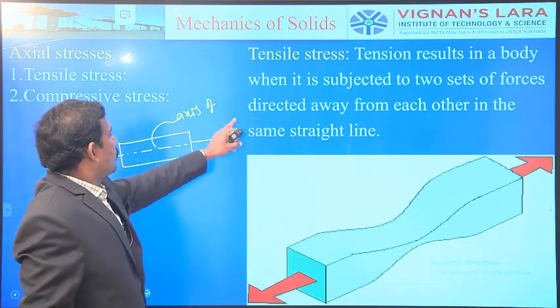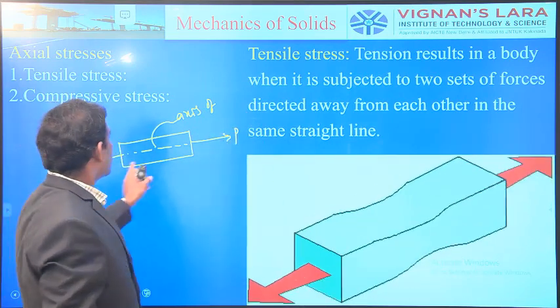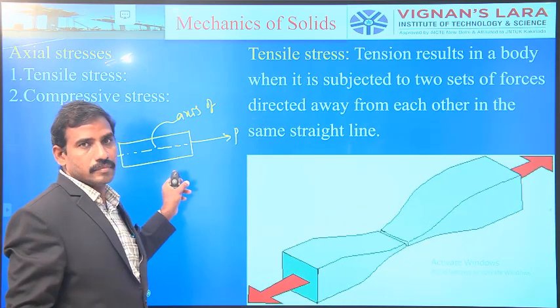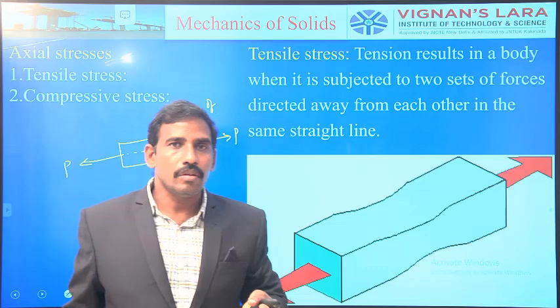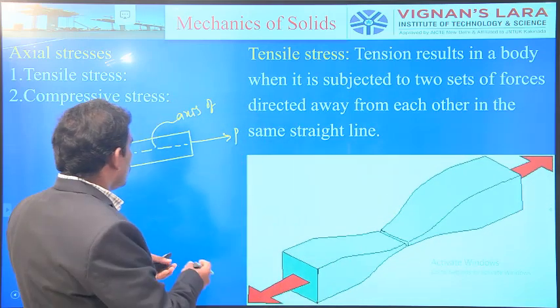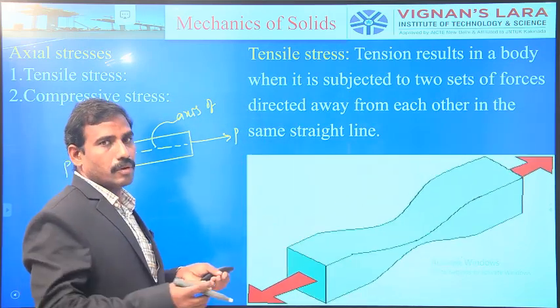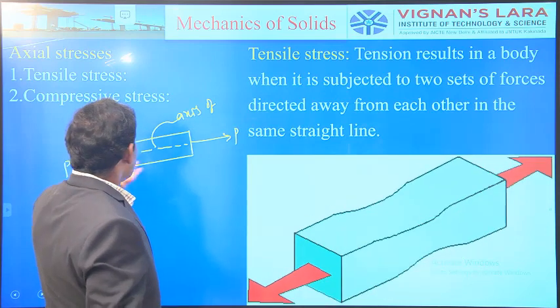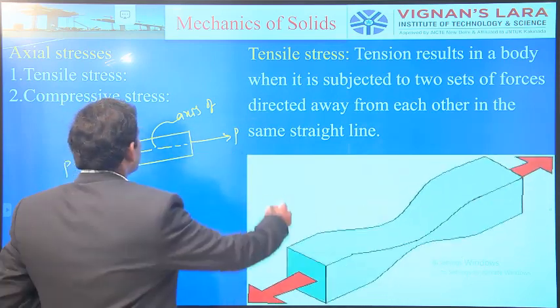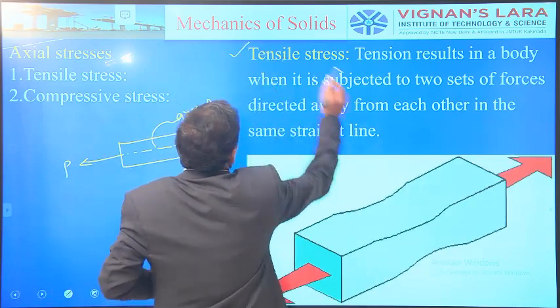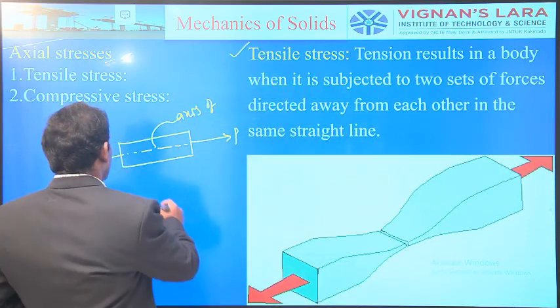So the force of magnitude P is acting on a body axially. No doubt a certain amount of the load applied makes the body deform. Due to these two tensile forces acting on the body, tensile stresses are developed and strains are induced.